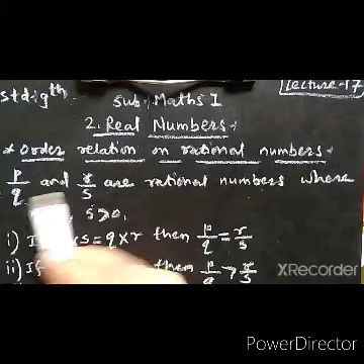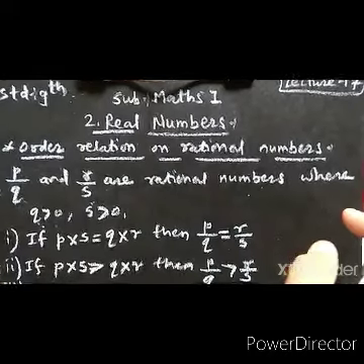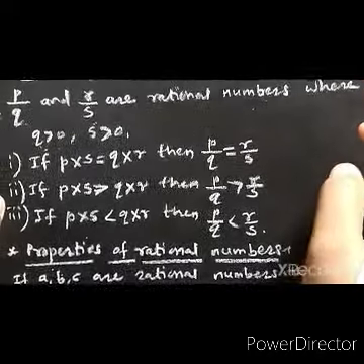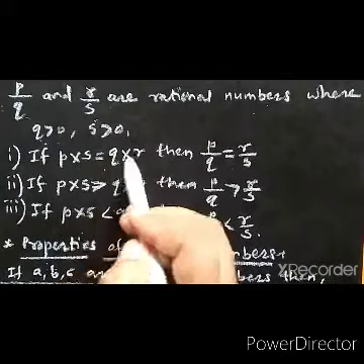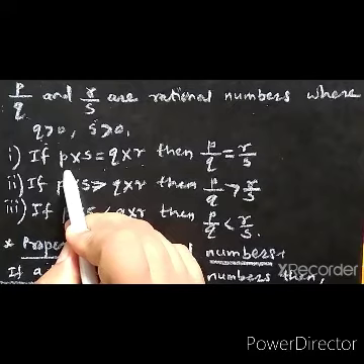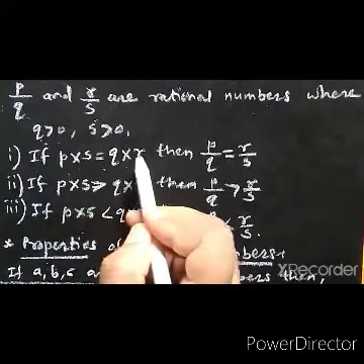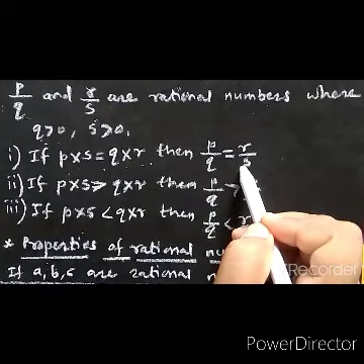It means Q and S are positive numbers. Number 1, if P into S is equal to Q into R, then we can shift this value to the left hand side, that is P upon Q is equal to R upon S. Therefore P upon Q is equal to R upon S.